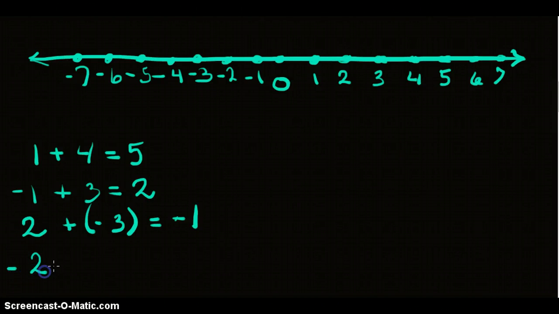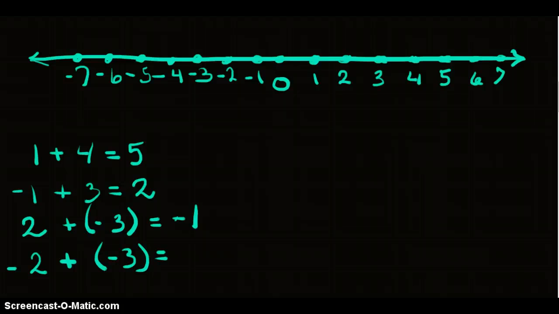Negative 2 plus negative 3. Interesting. Both numbers are negative. So what I'm going to do here is I'm simply going to stay in negative world. I'm going to start with negative 2, and I'm going to add 3 numbers to the left. 1, 2, 3. I end up with negative 5.